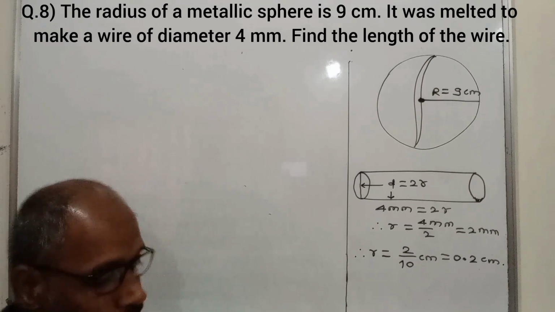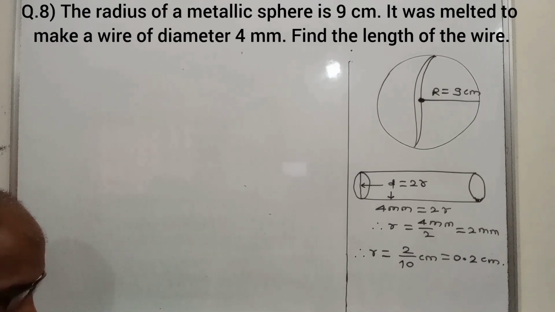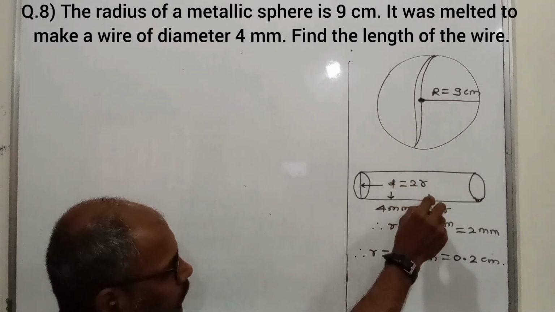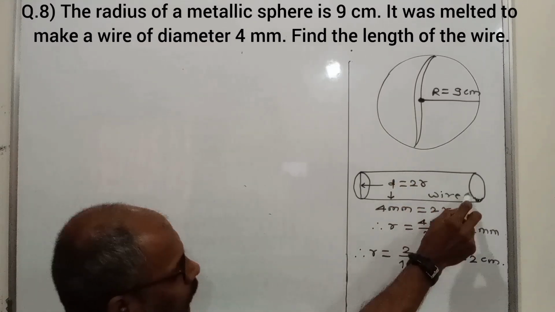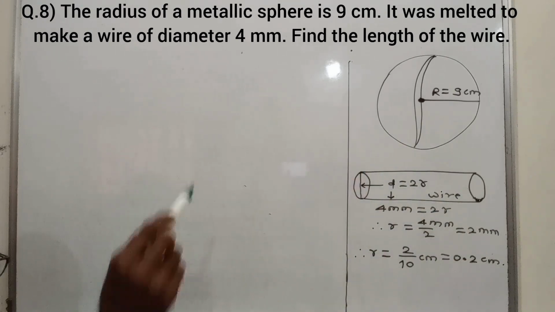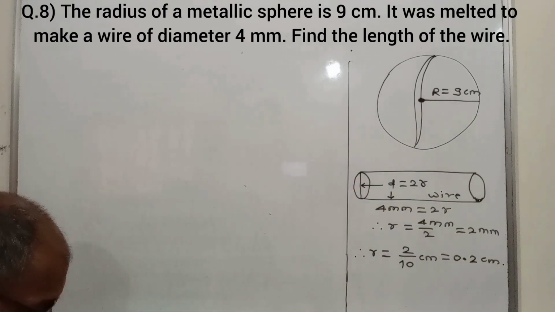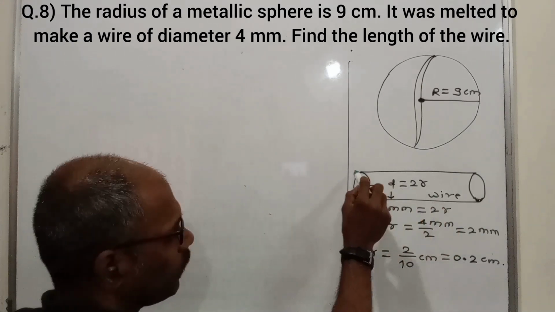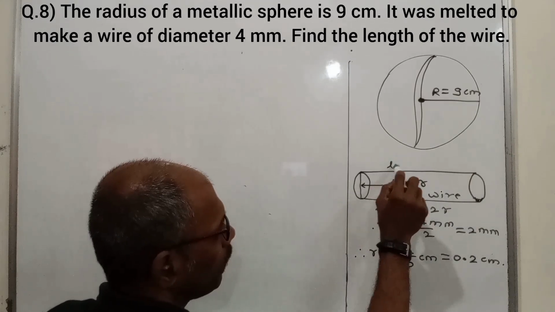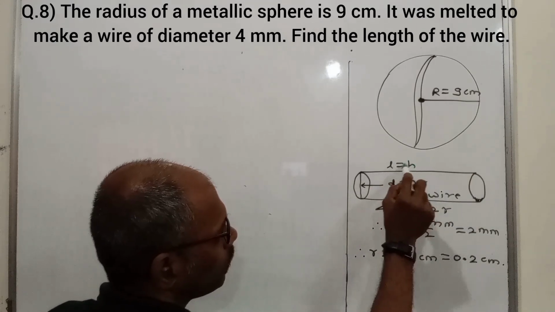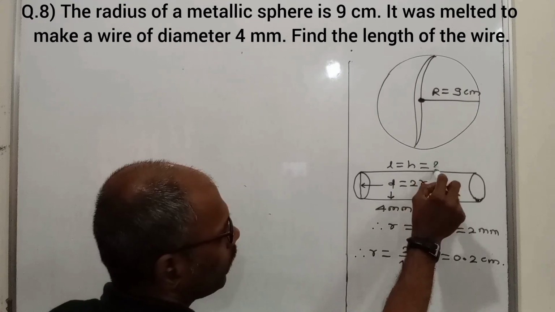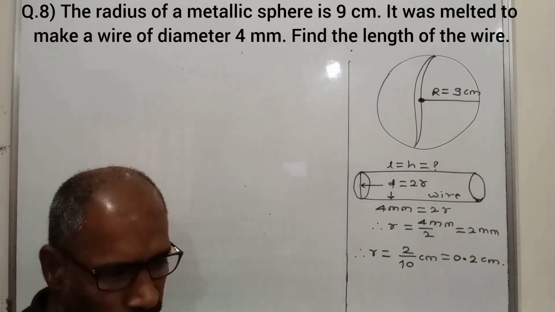This is the radius of this tube, or sorry, wire. Did you get it? This is wire made from a metallic sphere. Now find the length of the wire. Length of the wire is nothing but height.